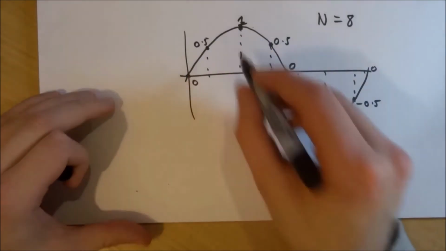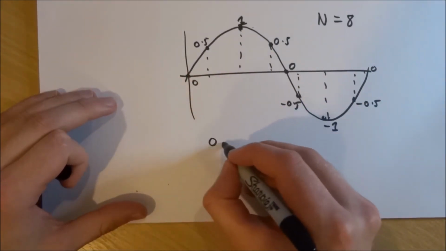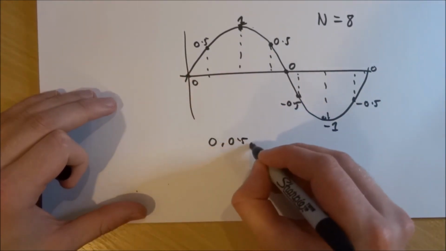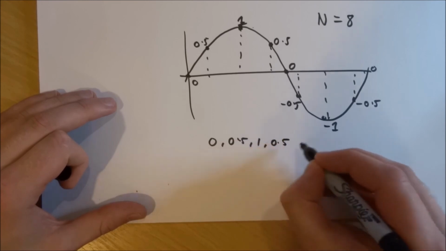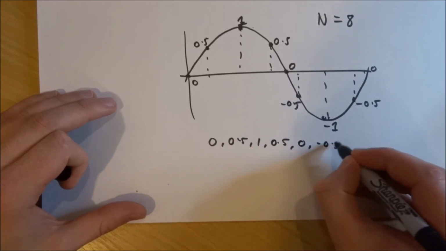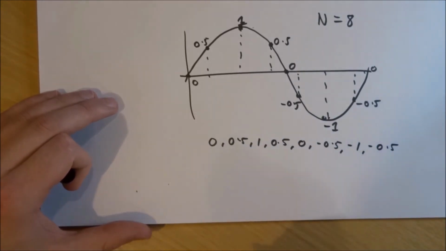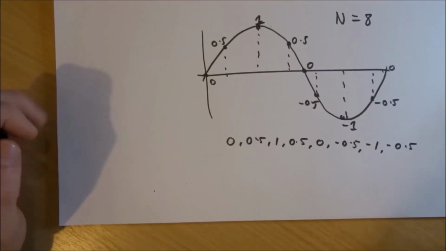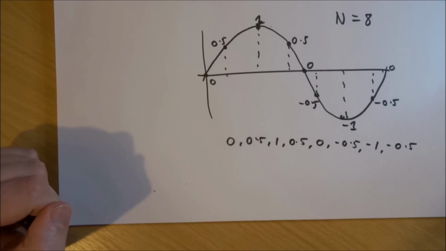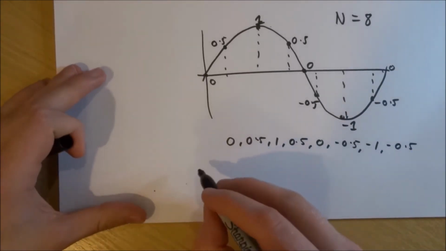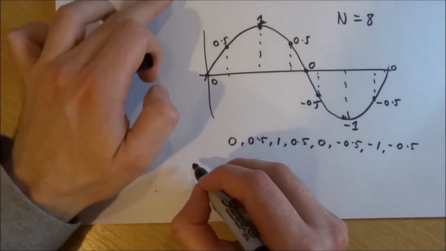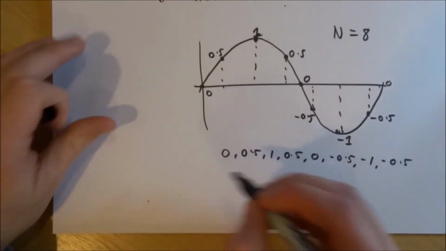So we have a data set: 0, 0.5, 1, 0.5, 0, minus 0.5, minus 1, minus 0.5. Those are our 8 data points. And to work out the RMS of this, we simply plug it into our discrete time sampled equation.